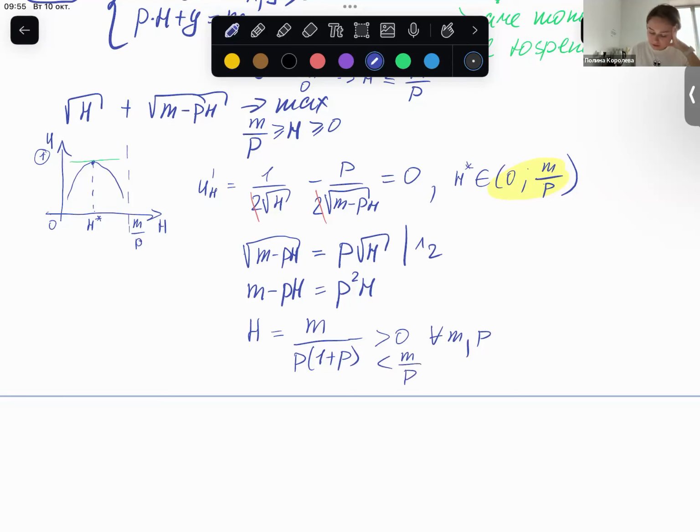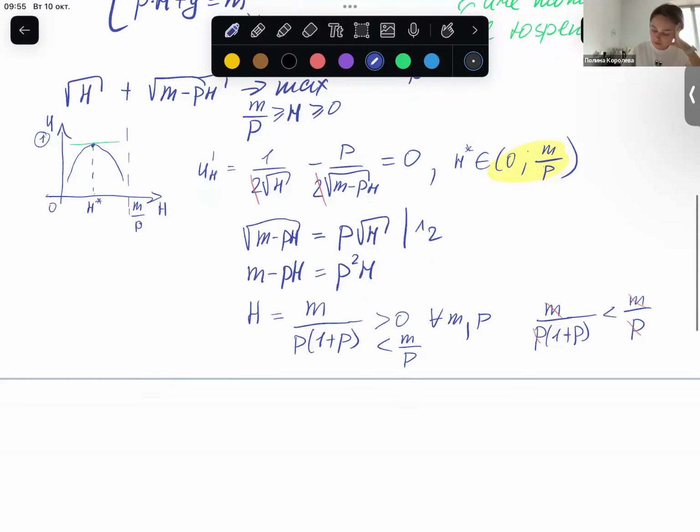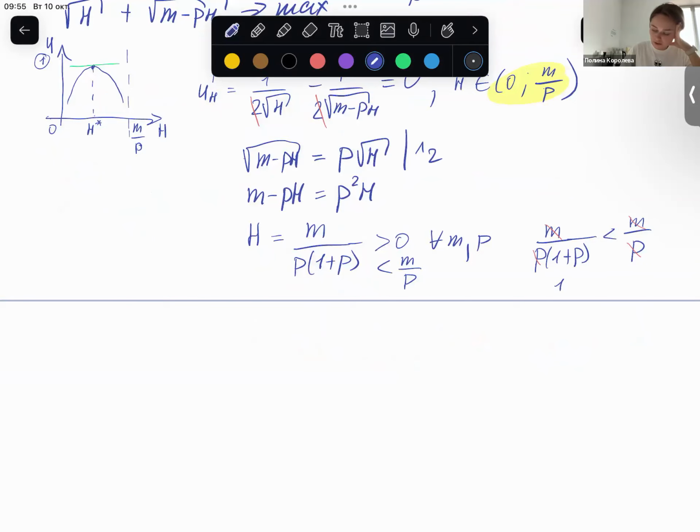And we see that it is also true, because when we solve this inequality, 1 plus price less than monetary income over price, we can delete everything and do the cross. Here will be 1 less than 1 plus price, and that's true, because price should be greater than 0. So we checked that we consider an interior solution, and now we're ready to consider the 2 corner solutions.